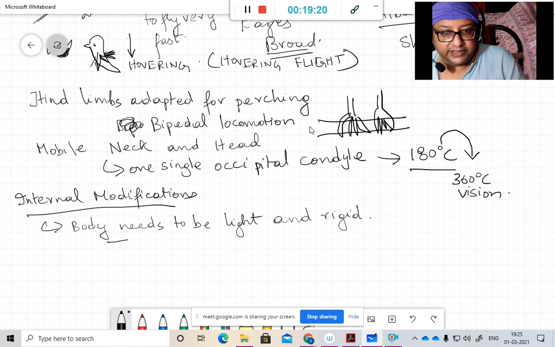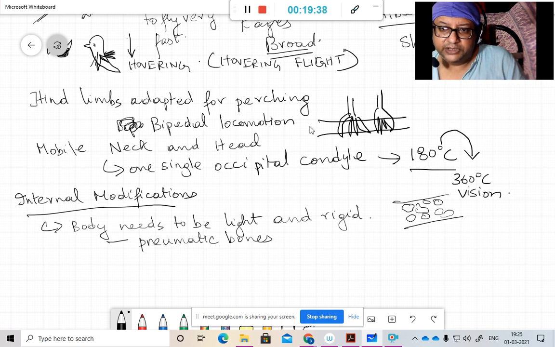So how is it achieved? Pneumatic bones. If you look at a chicken bone section, you will see that there are a lot of air spaces in between bone elements.